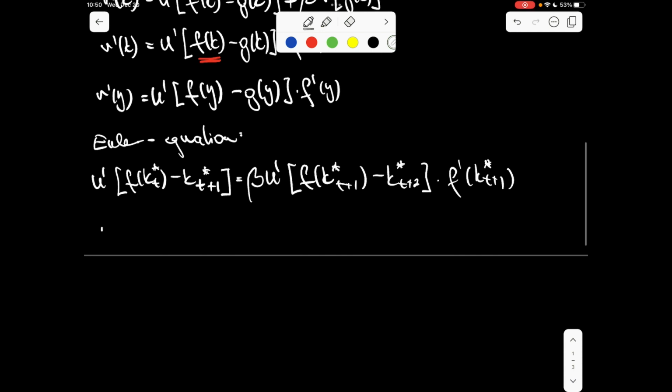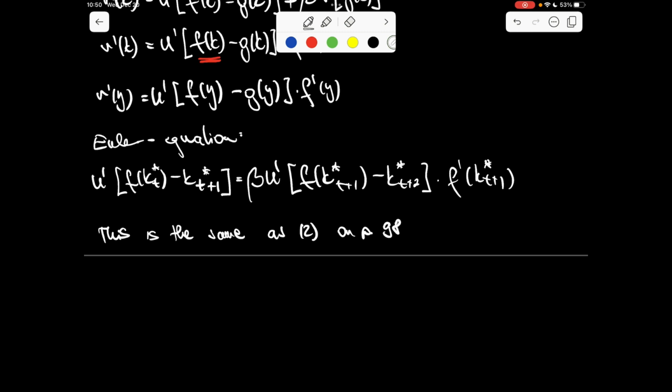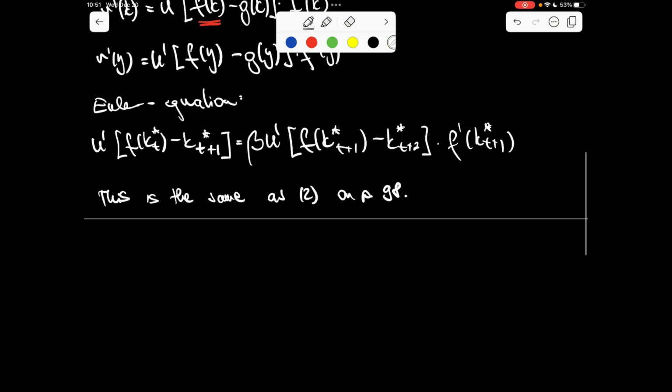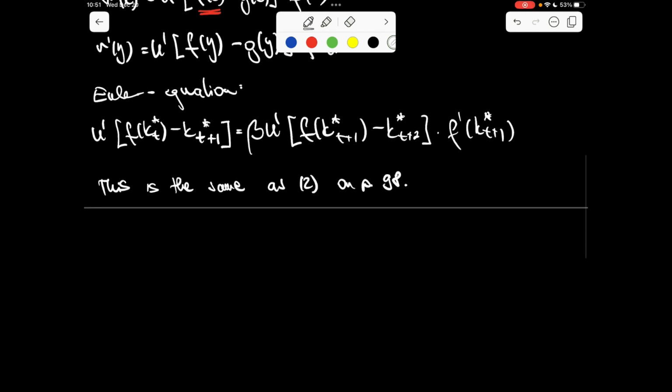So this is the same as equation 2 on page 98. There is one missing but necessary restriction, which we have in the form of the transversality condition. Please remember chapter 6, where we established that the Euler equation and the transversality condition together give the optimum path for the endogenous state.